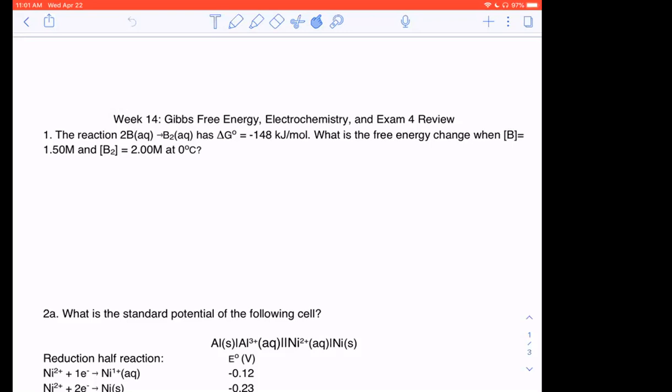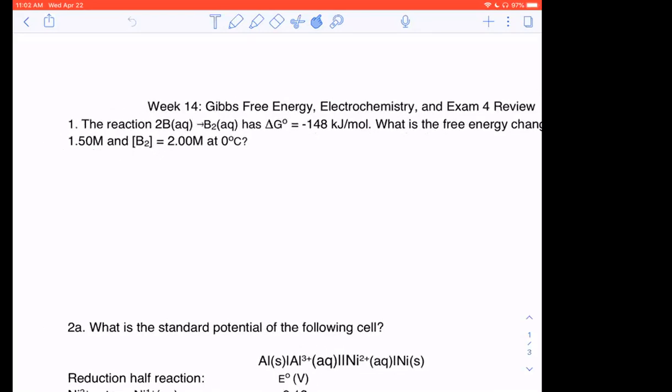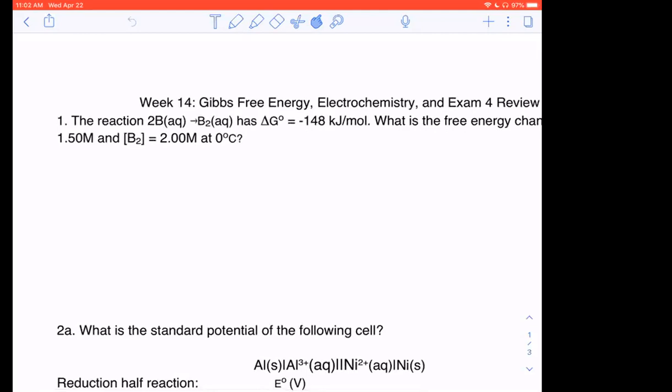The equation you're going to want to use for this, and I would recommend you have access to it when you take the exam, you should have it if you kept track of Dr. Katz's equation sheet, is delta G equals delta G standard plus RT ln Q. And as always, Q is the same thing we've always been working with: the products to their coefficient powers over the reactants to their coefficient powers.